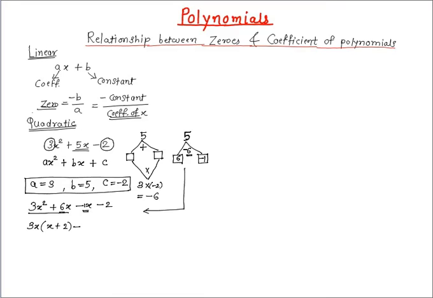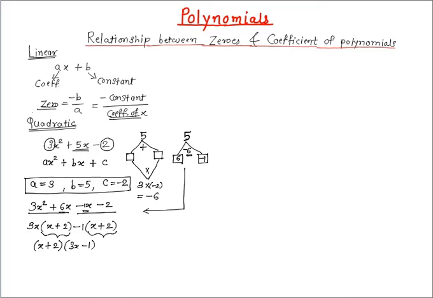And if you take minus 1 common here, what do you get? x plus 2. So we took minus 1 common from this term. Again, from this, we can take x plus 2 as common. So what is left out? 3x minus 1.